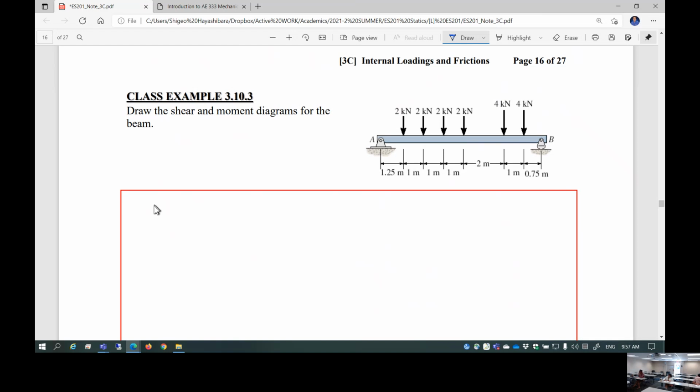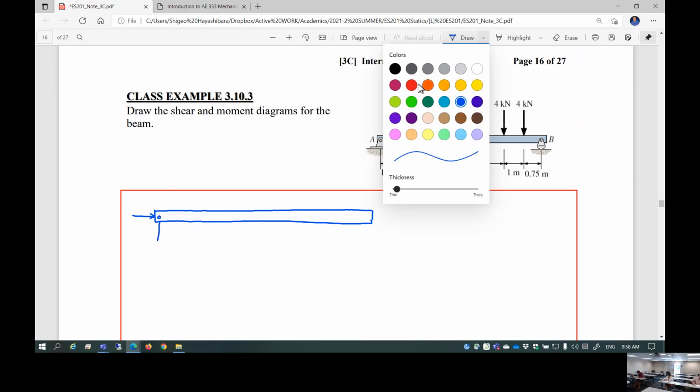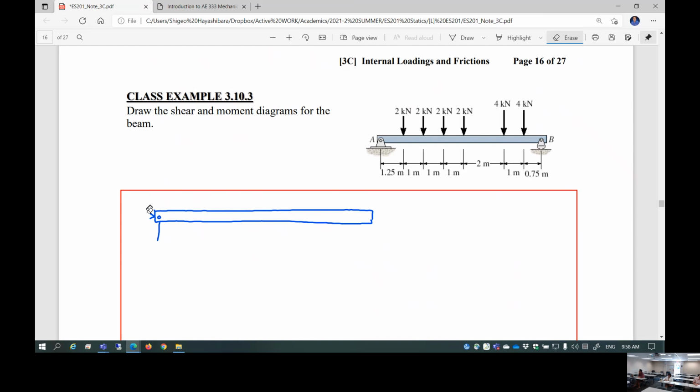So first of all, let's draw the entire free body diagram of this beam. So you have two, well, let's change the color here. Sorry, let me just change the color. These are the unknown support reactions, AX, AY.